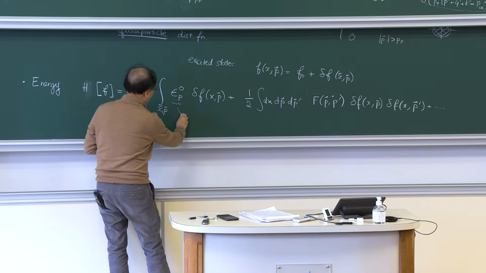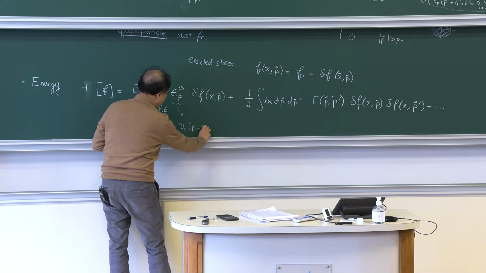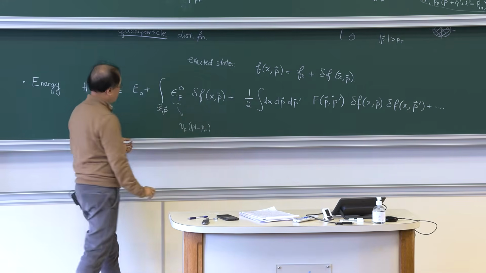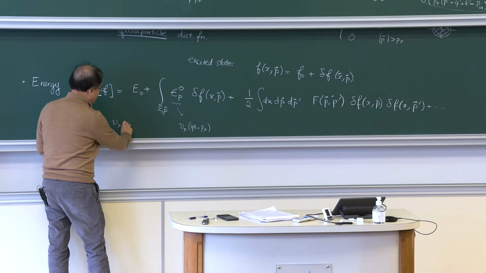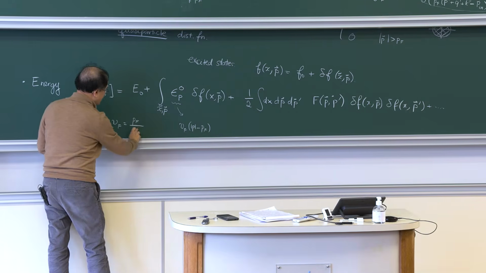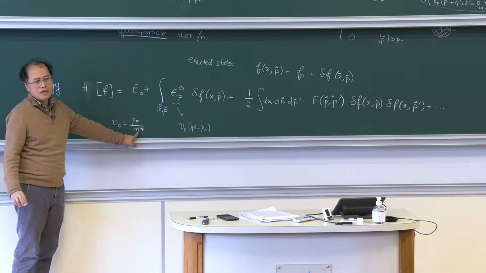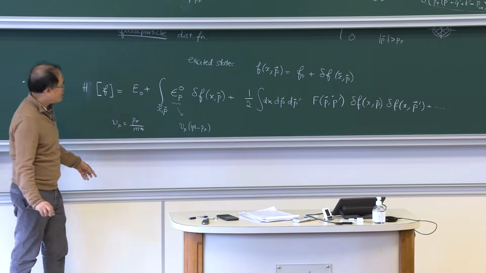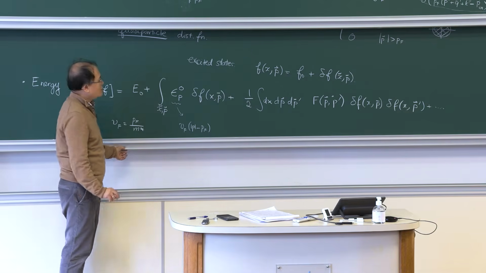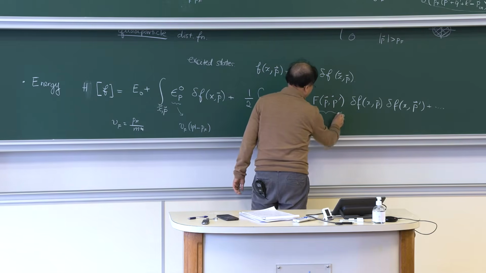So this is assumed to be VF times p minus pF. VF doesn't have to be equal to pF over m, but it can be pF over m star, where m star is typically different from m, the bare mass. It's a renormalized mass of the quasi-particle, and this is a phenomenological parameter.